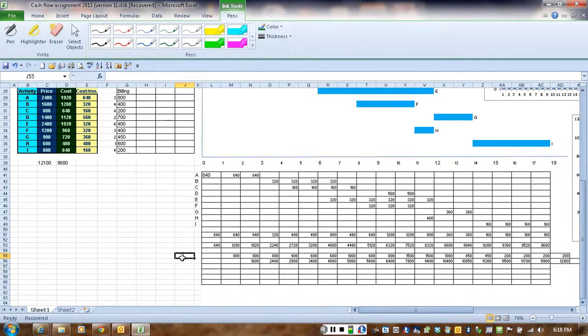So this is billings, this is cumulative billing, and this is going to be cumulative receivables.